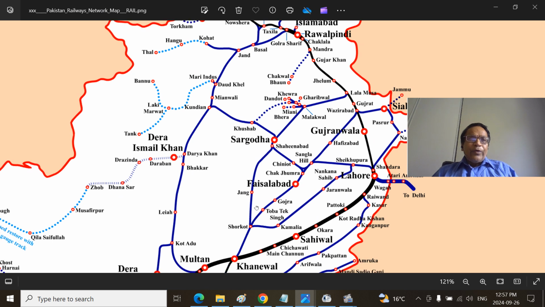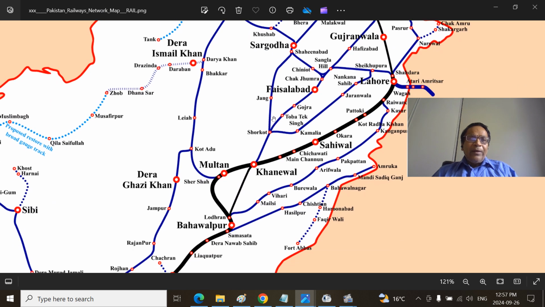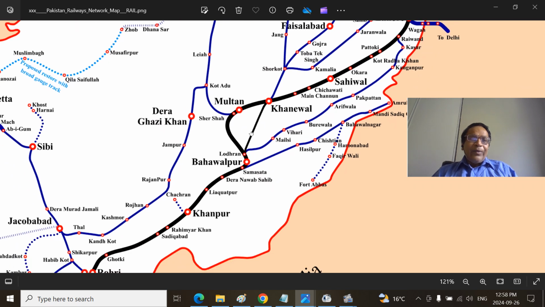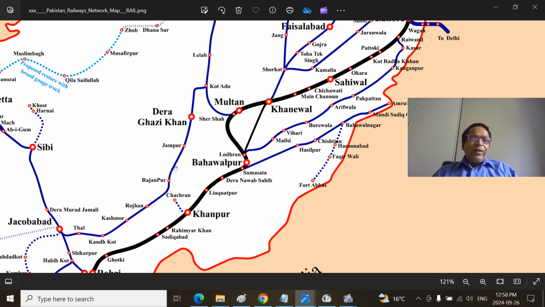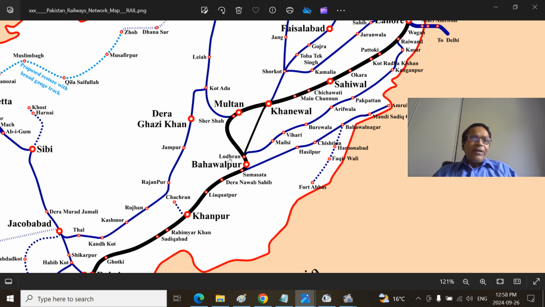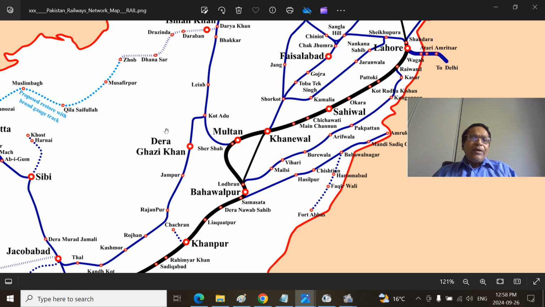So the British built the railway line from Multan to Muzaffargarh, Ghazi Khan here and Kot Addu. You can see the Jampur, Rajanpur, Rojhan. You can see the Kashmore town that is actually in the Sindh province. This particular part we looked at today.